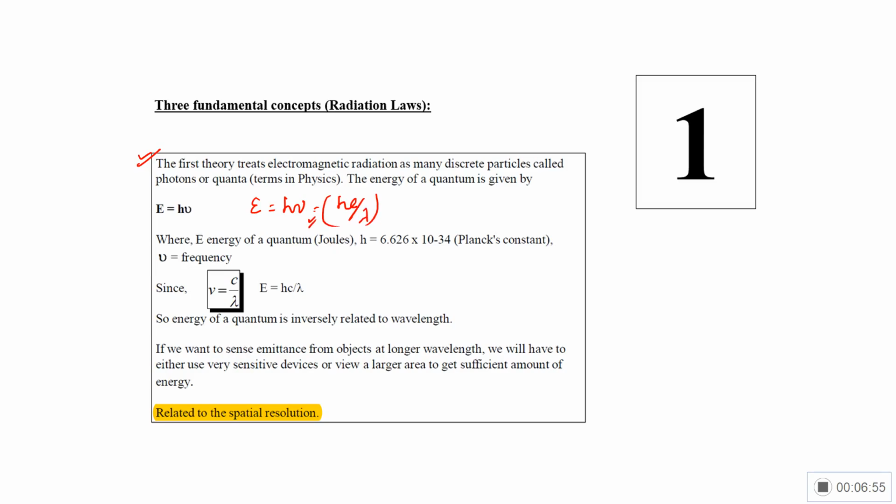This is the first radiation law, in which the energy contained within a quantum is measured. E, the energy of a quantum, is in joules. h is Planck's constant.